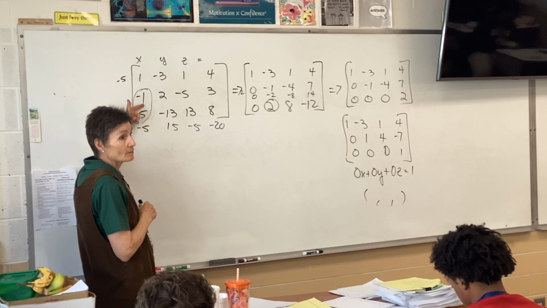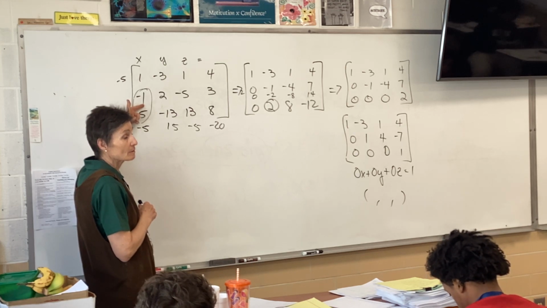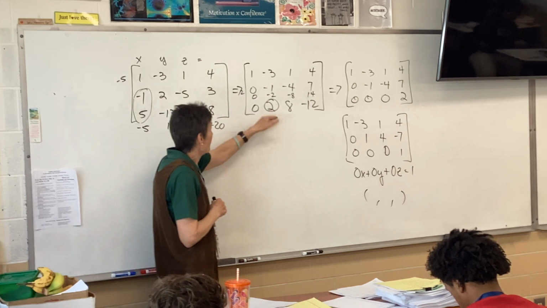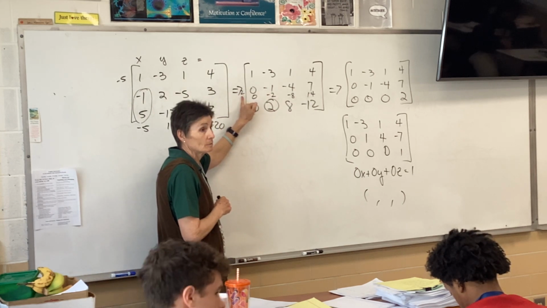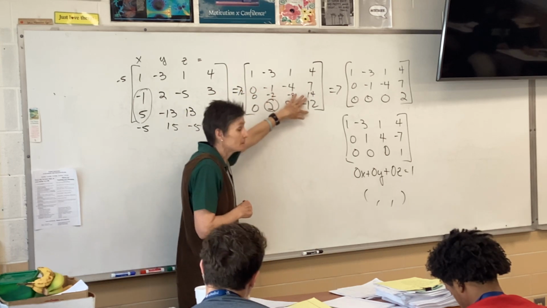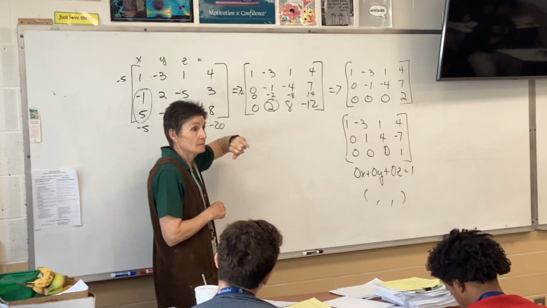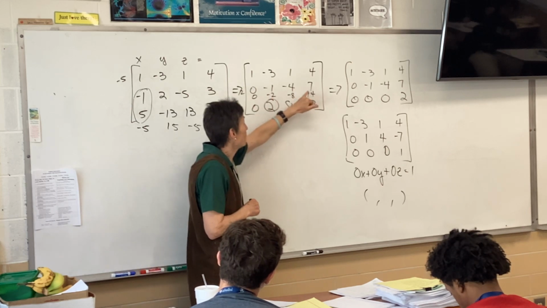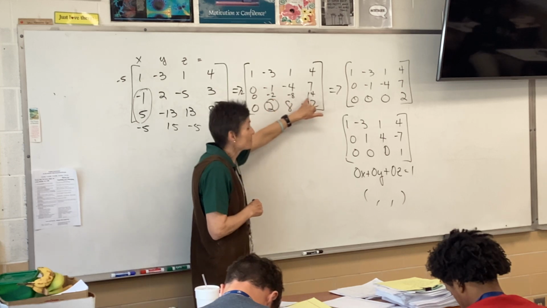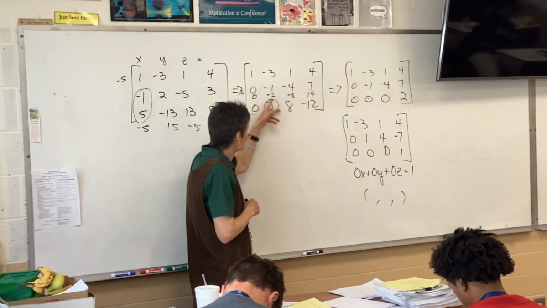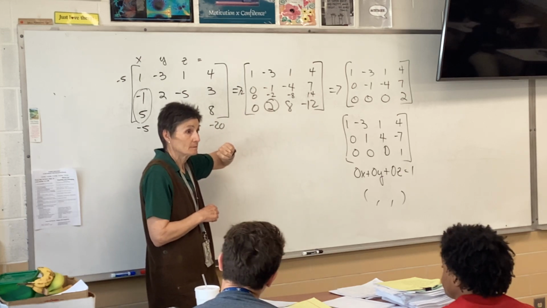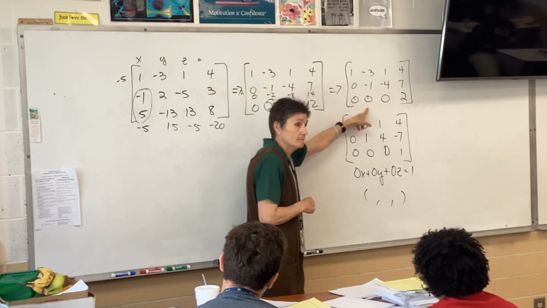To make it so that the second and third row can cancel out, like the 0, 2, 8, negative, I multiplied the second row by 2 and added. The second row is an equation. I multiplied it by 2. So then you use numbers. And I added those to the bottom. And that's it.